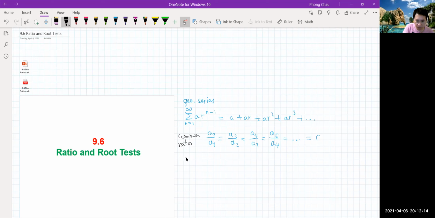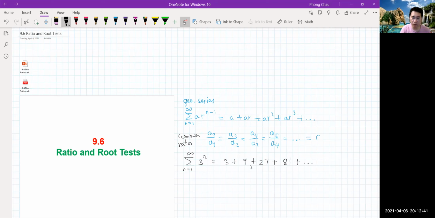So, for example, when you have this series, the sum of 3 to the n power, n from 1 to infinity, you see the first term is 3, the second term is 9, the third term is 27, then 81, and so on.